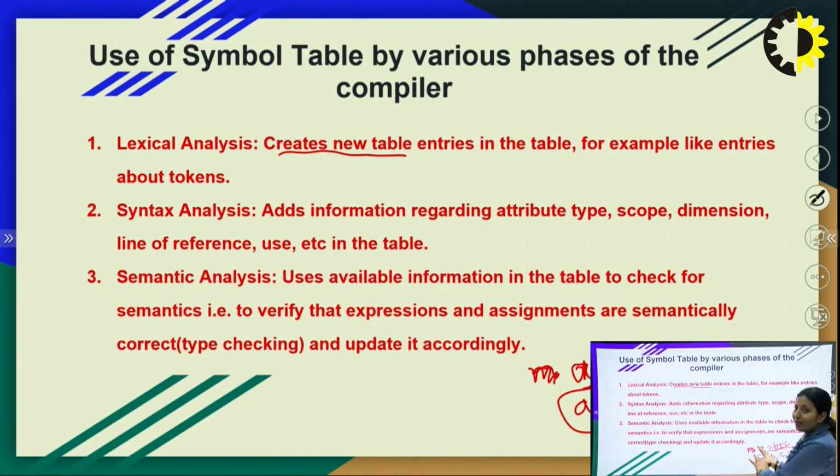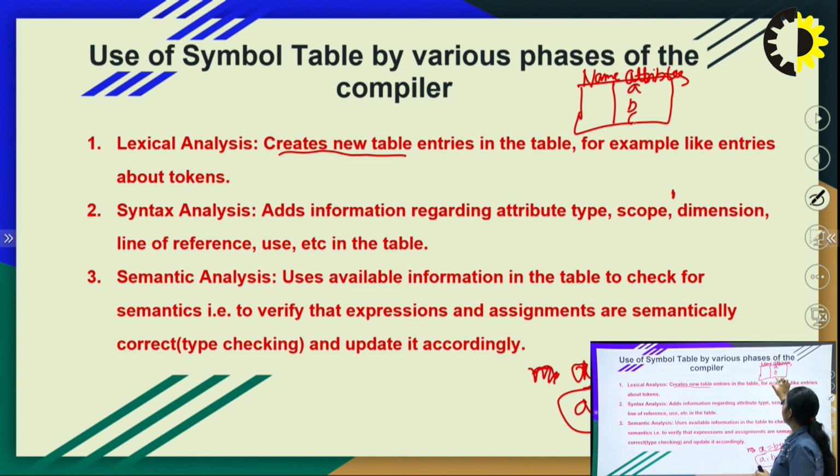How are these tokens stored in the symbol table? Here are the names and here are the attributes. Names like A, B, C. These are the attributes and they are the identifiers. What type of attribute is it?